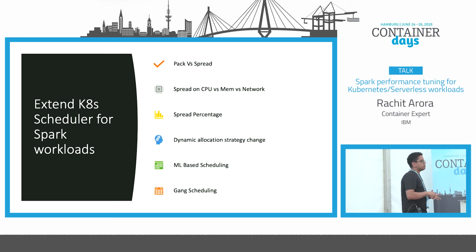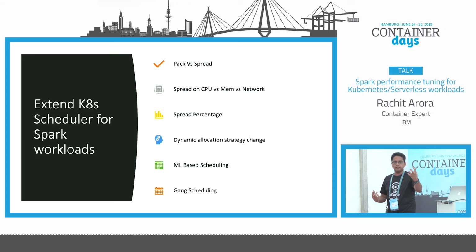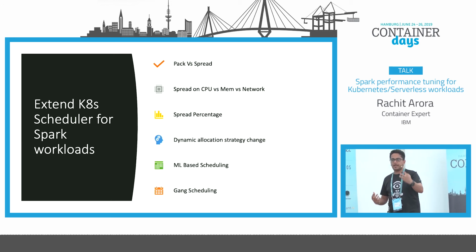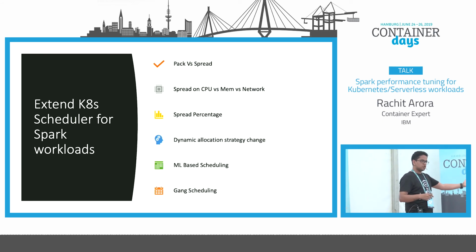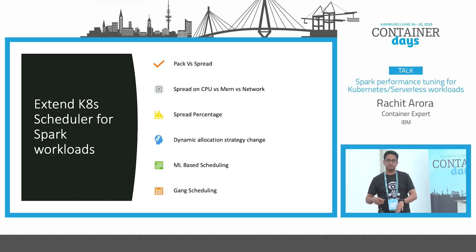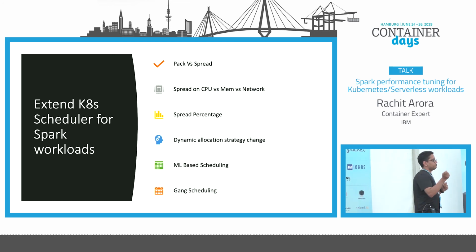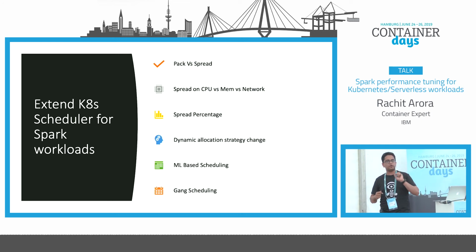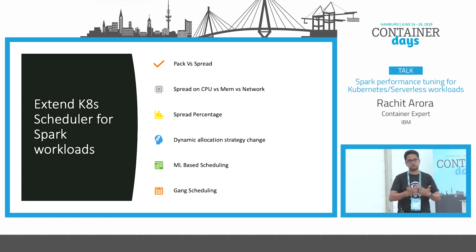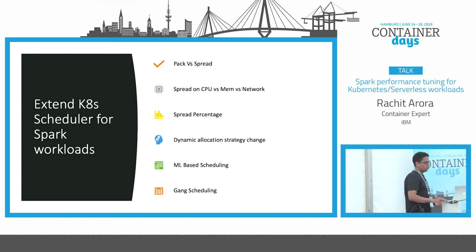Or you may want to consider your entire Spark application as one gang: schedule the entire gang or don't schedule at all. There are additional Kubernetes schedulers available which can help you do all this, but you need to either buy them or build your own scheduler and plug it into the Kubernetes infrastructure. Kubernetes is extensible to the point that you can add your own scheduler.